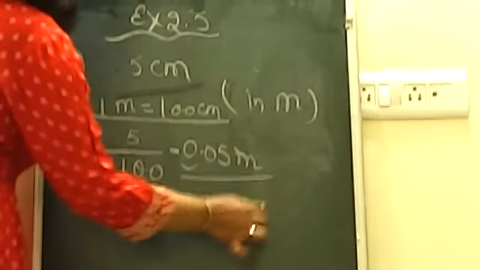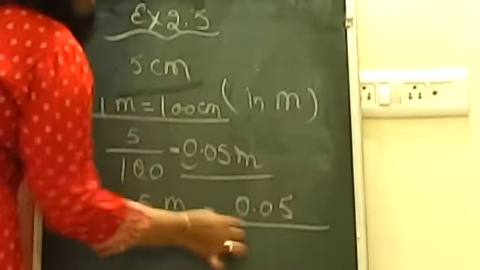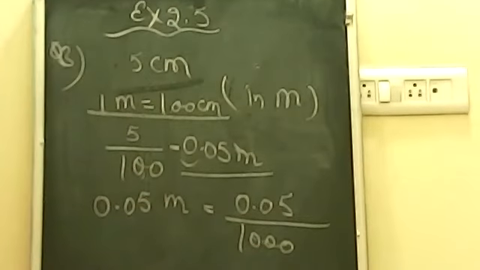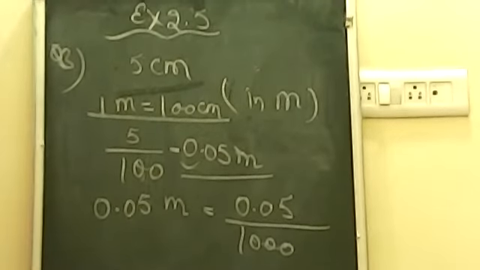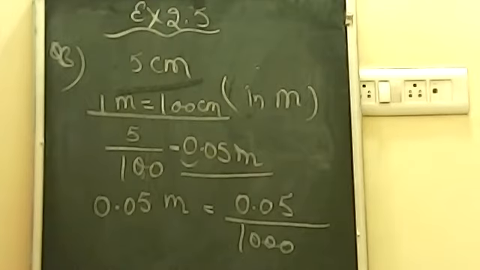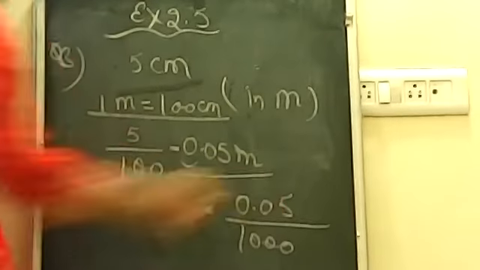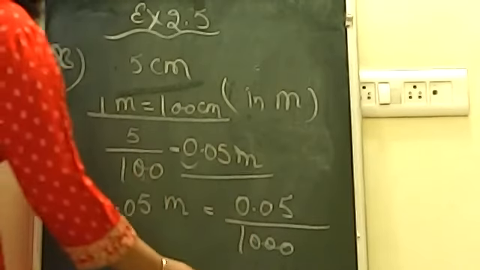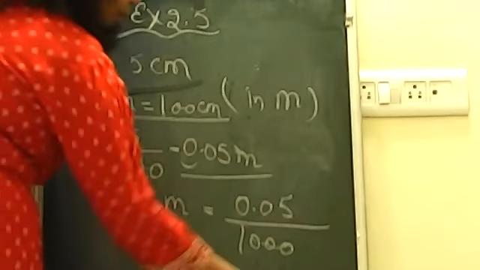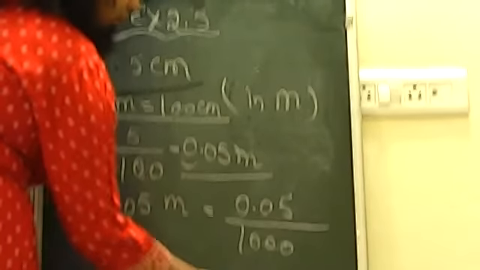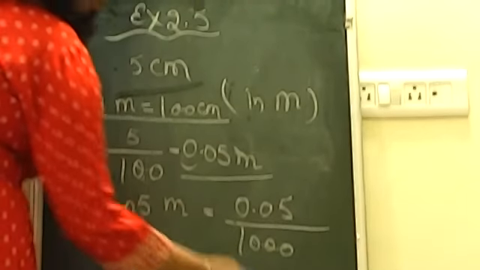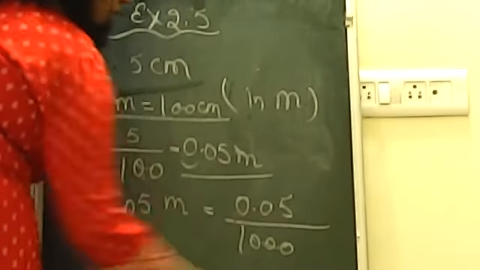So 0.05 divided by 1000, and then this question will convert directly into kilometer. How will you do that? 2 zeros, the decimal is already placed, 3 more zeros are here. 2 zero के पहले लगा हुआ है, यहाँ पे 3 zeros और ऐड हो जाएंगे.